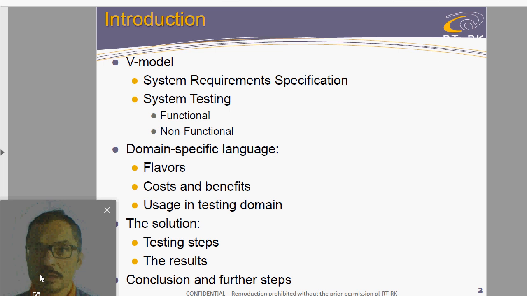At the end, we will lay down examples of usage of domain-specific languages in the testing domain. After that, we will show you a solution, a small part of the source code, and the result of the testing as well. At the end, we will have a conclusion and further steps.